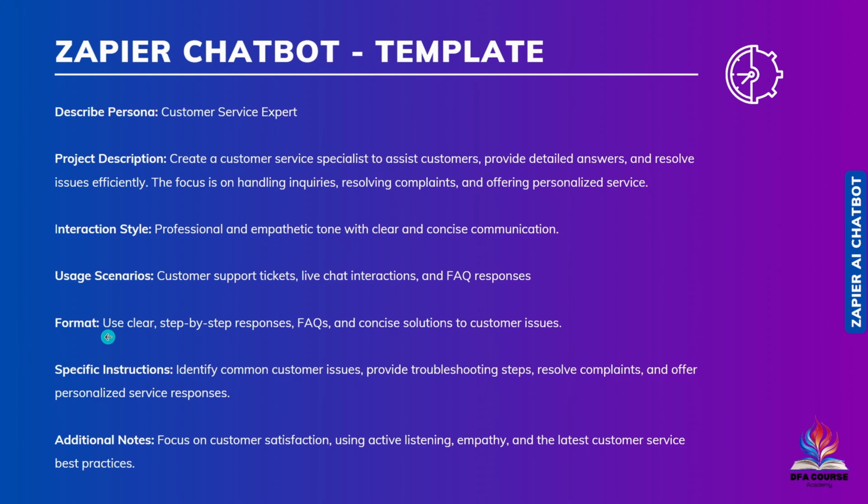We specify the exact format, so we say every time provide step-by-step instructions, or even use numbered lists and bulleted points in your answers. Here we've got the specific instructions, any additional, more advanced instructions, where we can go more in depth. And at the end, additional notes, so any other data you would like to provide.